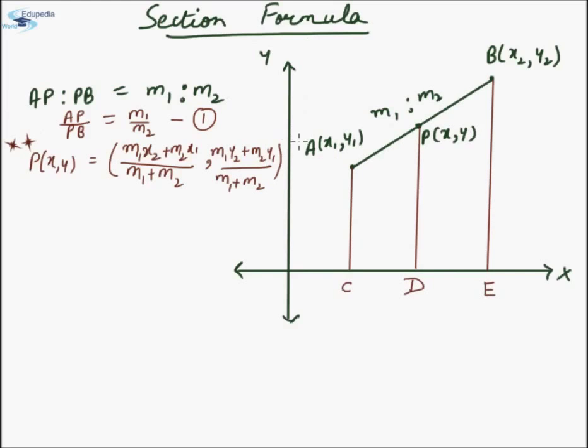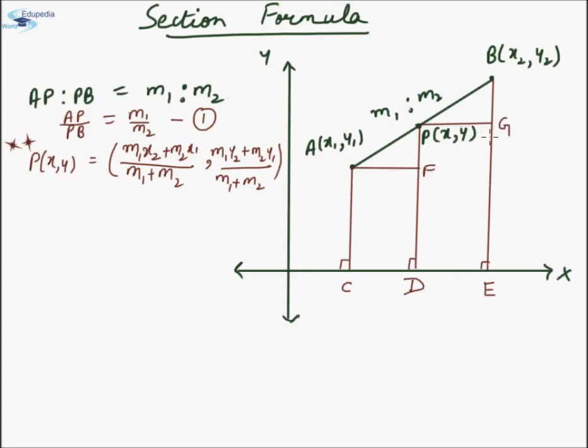Since these lines are parallel to the y-axis, they will be perpendicular to the x-axis. Similarly, let us draw some lines perpendicular from A and P as AF and PG.